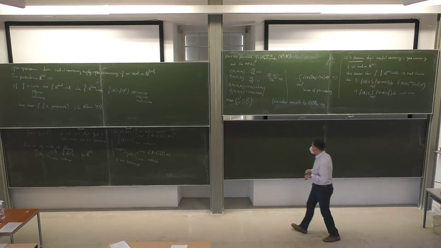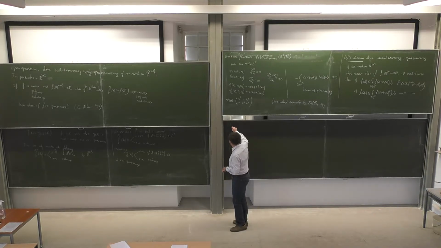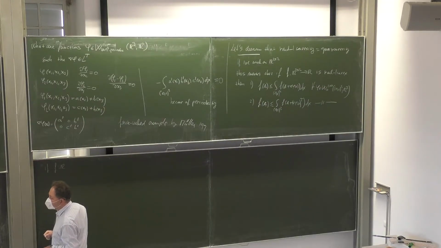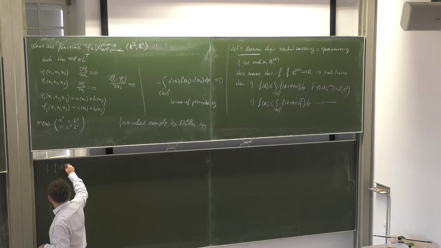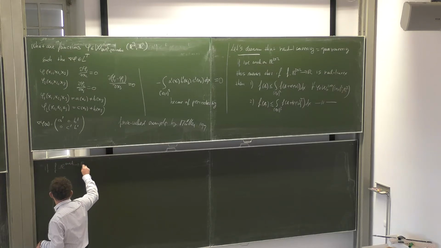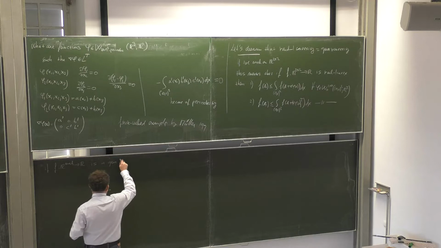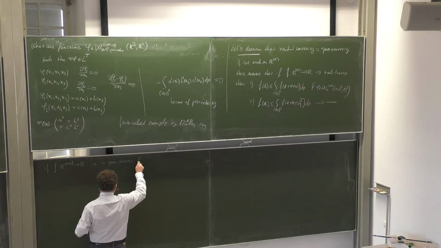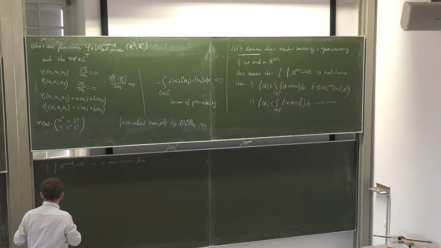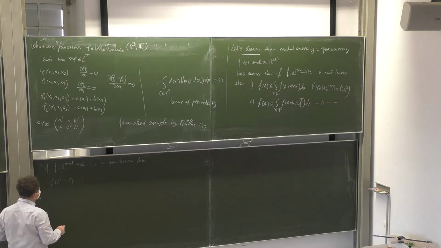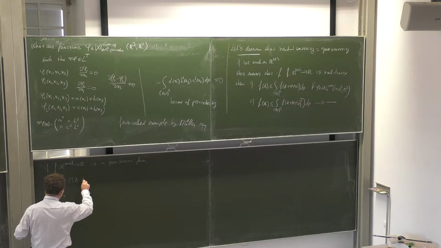So if f is a quadratic form on m times d matrices, which means f of A can be written as some matrix M, A dot product with A.